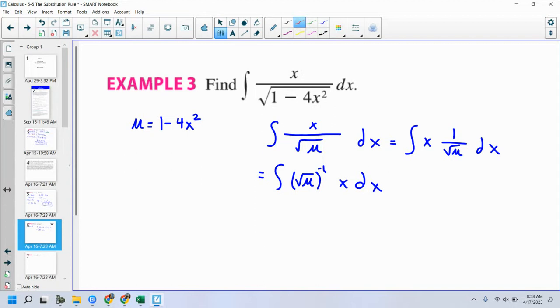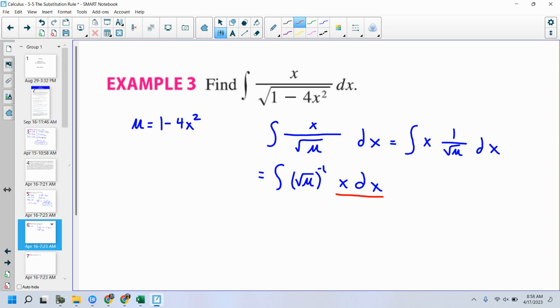So what am I looking for when I find the derivative here? I'm looking for an x dx. You follow me? I worked the end a little bit backwards so that I knew what I was looking for in my derivative.